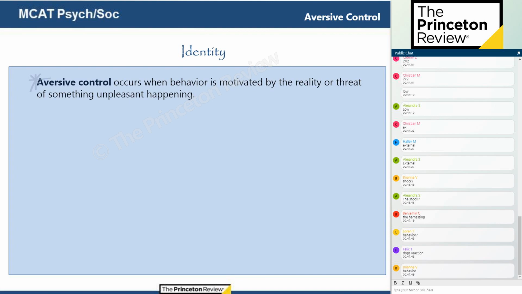Okay. Aversive control. This is when behavior is motivated either by the reality or the potential threat that something unpleasant is going to happen.